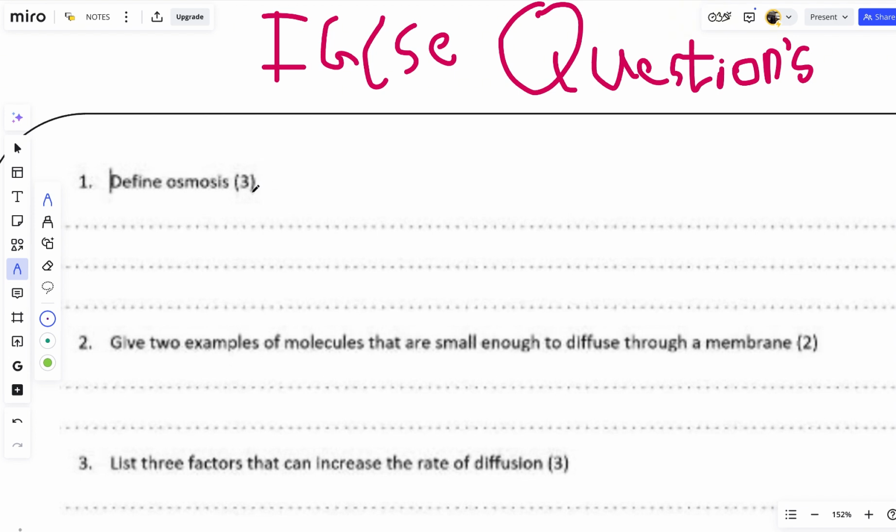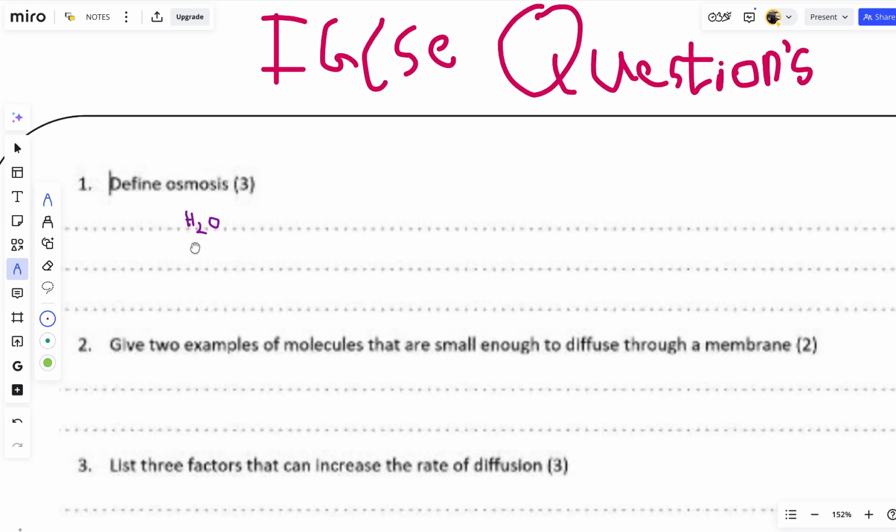It's 3 marks, so you must give at least 3 points. Movement of water, you must mention water molecules, H2O. Let me just use the symbol of water in chemistry. The net movement of water molecules through a semi-permeable membrane. You must mention a semi-permeable membrane, or use the word partially permeable membrane, in order to get your second mark.